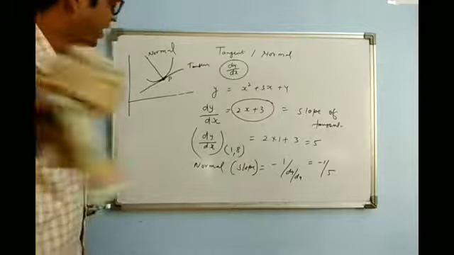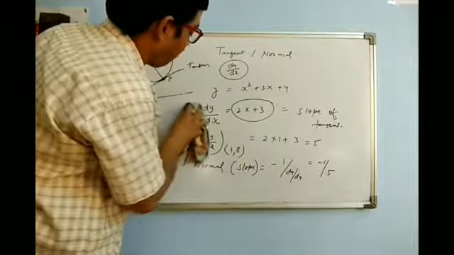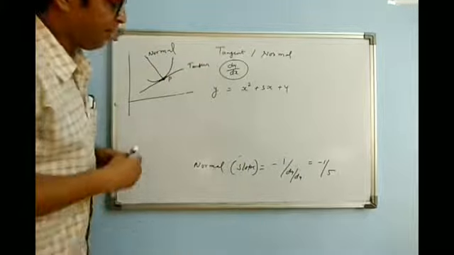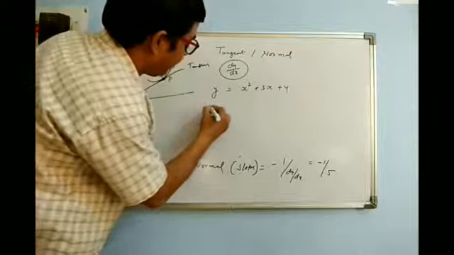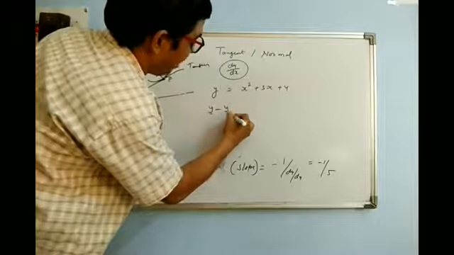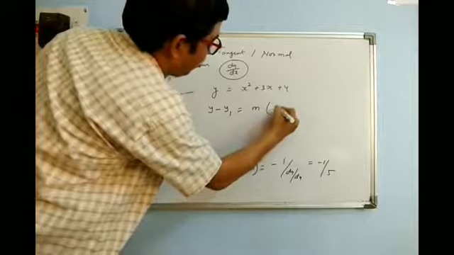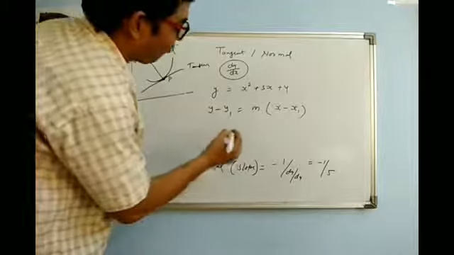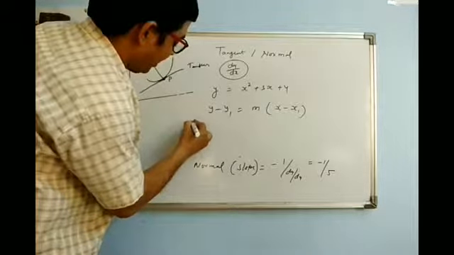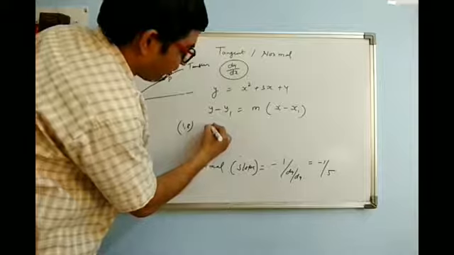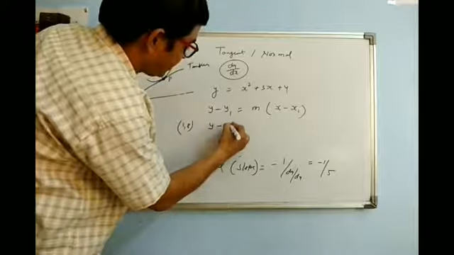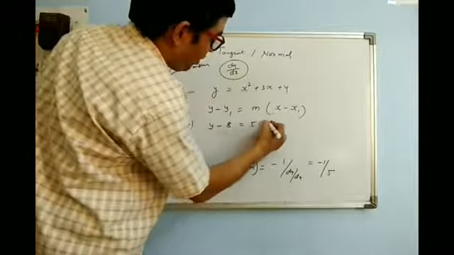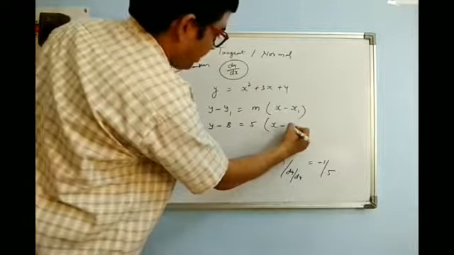Now if you have to find the equation of a tangent, as tangent is a line, we know that the equation of a line is y minus y1 is equal to m into x minus x1. So for this particular question, I have to find a tangent at 1 comma 8, then the equation of tangent will be y minus 8 is equal to the slope we got, 5, into x minus x1, which is 1.